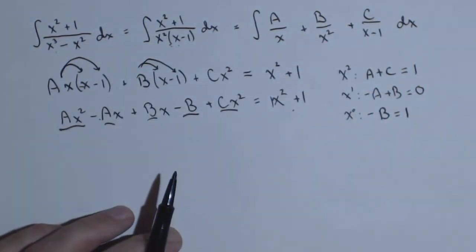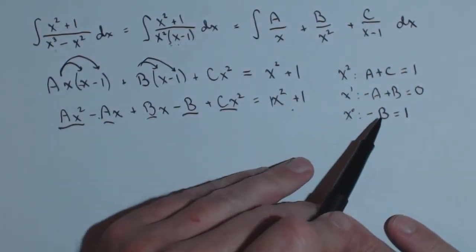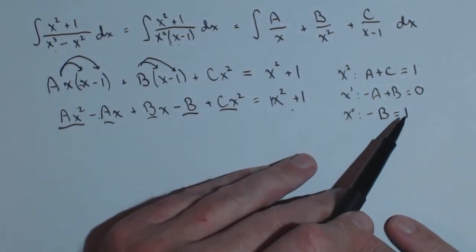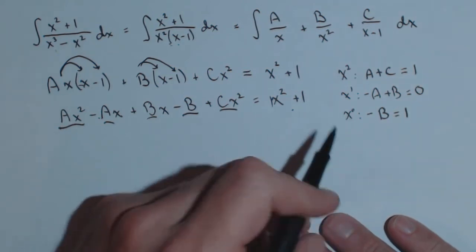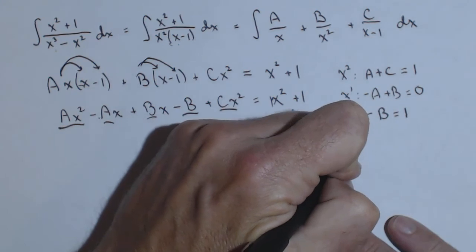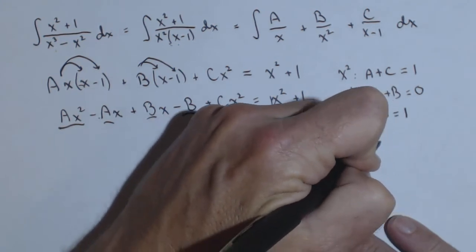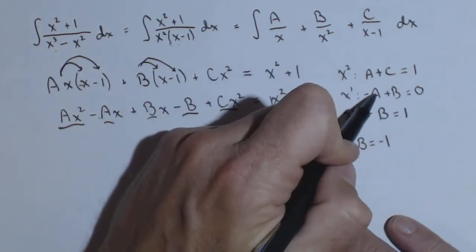And we have enough information now to go ahead and solve this. So if negative B equals 1, B has to be equal to negative 1.